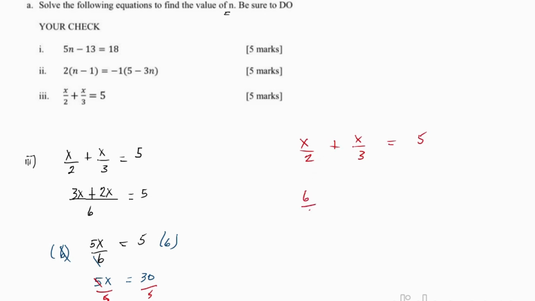So 6 over 2 plus 6 over 3 is equal to 5. 6 over 2 is just 3, isn't it? Because 2 can go into 6 3 times. And 6 over 3 is just 2, isn't it? So 5 is equal to 5. This checks out. We've completed number 1.